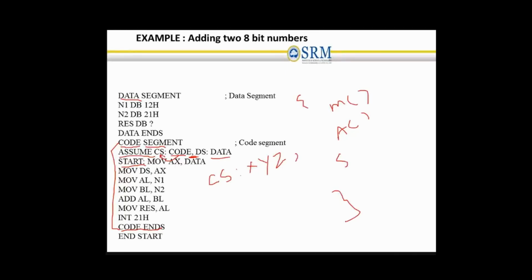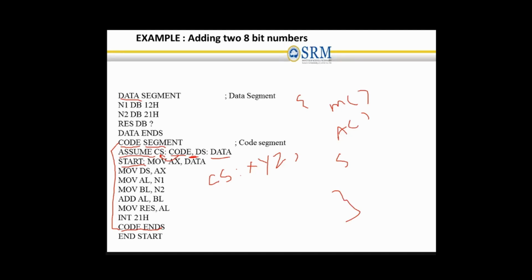Similarly, here in this program, I can have any number of code segments. In this program, I am having only one code segment, but I can have any number of code segments. Each code segment will do some specific task. But in whichever code segment I am having start, from there only it will start executing my program.